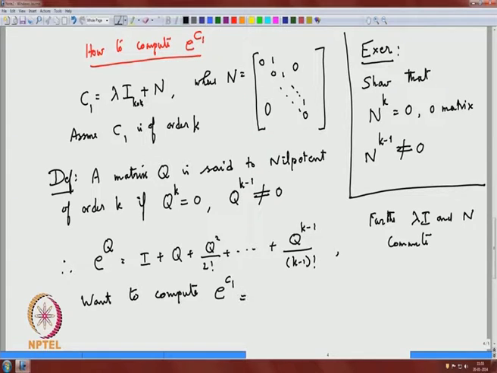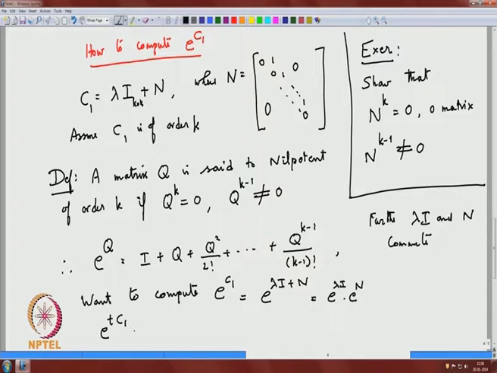So e power C1 will be e power lambda I plus N. Since these commute, this will be nothing but e power lambda I into e power N. You already have the formula for e power N. In particular, you are interested in computing e power t C1, because you want to find the solutions corresponding to C1.